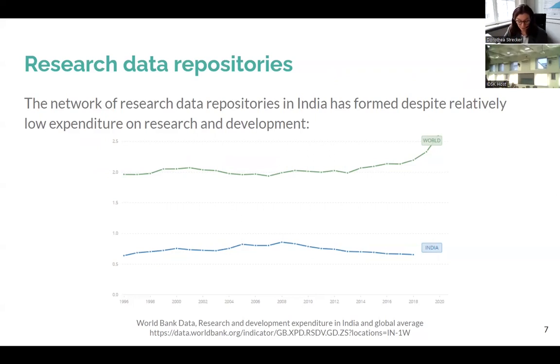So for me, this might be interpreted as an indication that Indian research data repositories use limited resources very efficiently. And I think there might also be a special focus on providing research data repository services there as well.